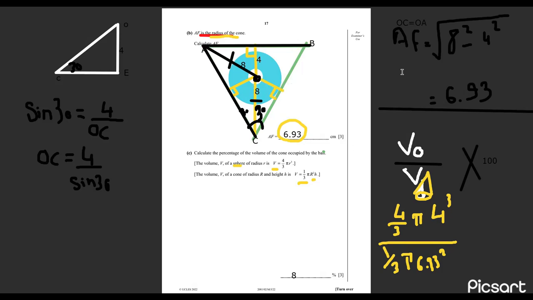So the height here is equal to 12. Then we put the numbers on your calc, multiply by 100, and it gives you the percentage of 44. You aren't asked for more here, so we'll write the final answer: 44.4%. So the ball will take 44.4% of the cone, approximated to 1 decimal place.